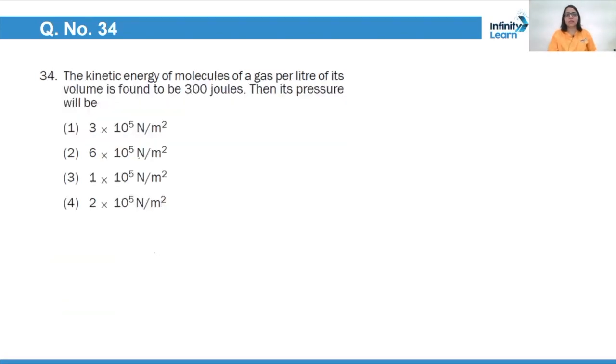Question number 34. The kinetic energy of molecules of a gas per liter of its volume is found to be 300 joules, right? Then its pressure will be. So over here, if you want to write the value of pressure in terms of kinetic energy, it is very simple that pressure is 2 upon 3E, right?